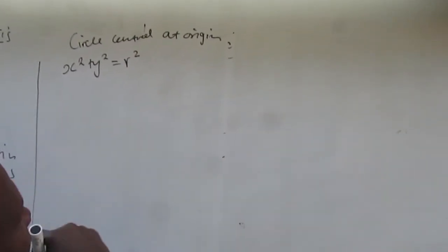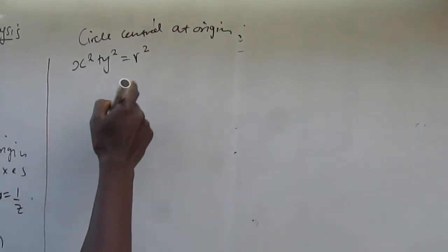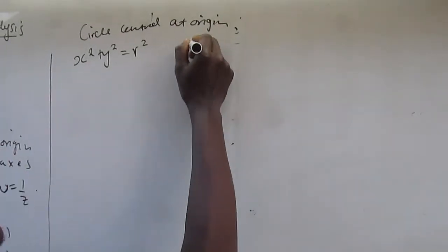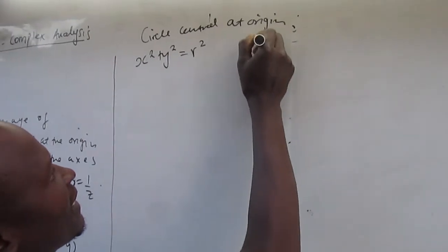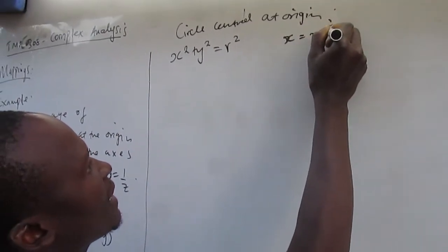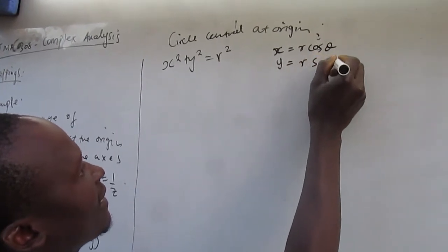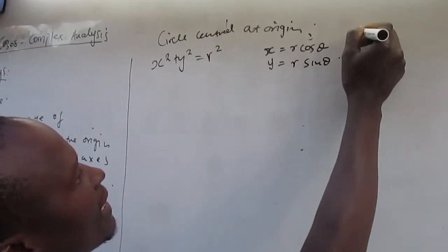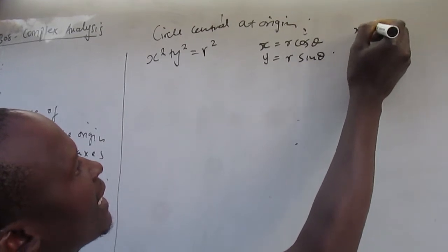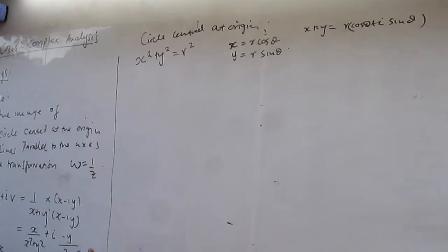But we know that if you want to move to polar form, then we have that x is the same as r cosine of theta, and y is the same as r sine of theta. Of course, remember that x plus iy is equal to r cosine of theta plus i sine of theta, and so we can have x as r cosine theta and y as r sine of theta.